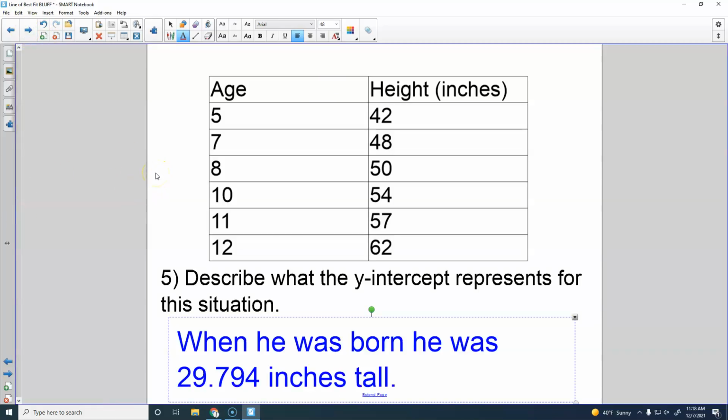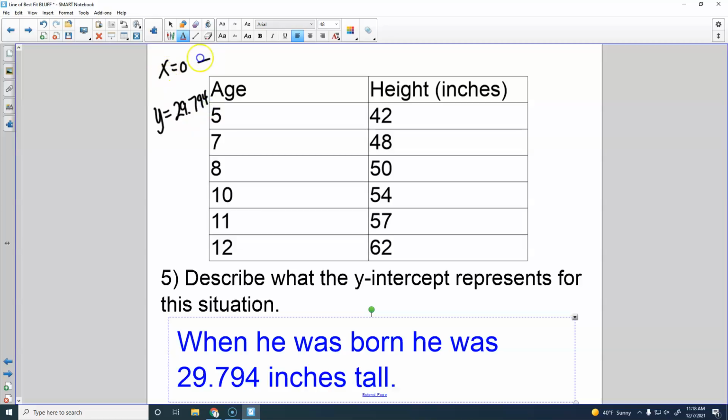So yes, it's always x equals 0 and y equals whatever the y-intercept is. So in this case, it was 29.794 inches. It's like when x equals 0, y equals 29.794.